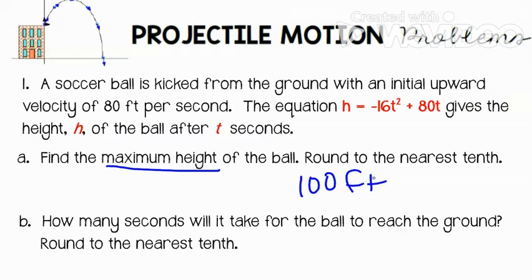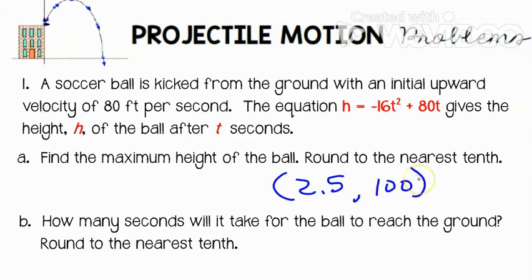If it asked you when does that occur, then you would say it occurs at 2.5 seconds. All right? If you wrote that on your paper, it would be incomplete. You have to specifically state which of these two values represents the maximum.